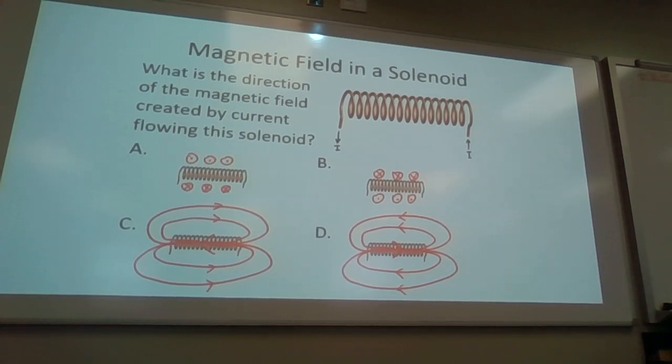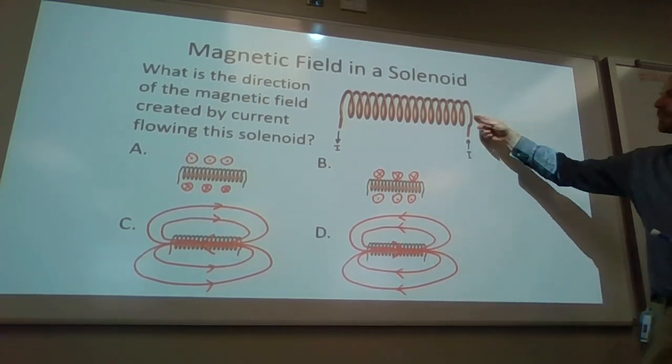Go on the right hand side. No, because I am looking at the part that's closest to me. On the left side, that coil is far away. This side, the coil is close.